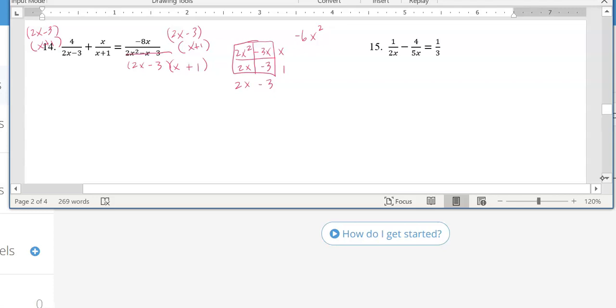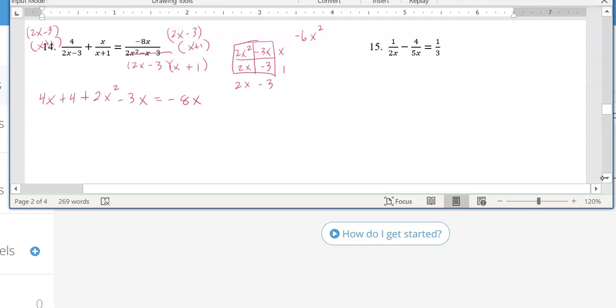Okay, the 2x minus 3's would cancel, and so I multiply 4 times x plus 1, and that's 4x plus 4. The x plus 1's would cancel, and I multiply x times 2x minus 3, that's 2x squared minus 3x. Over here, both cancel, so it's like multiplying by 1 times negative 8x.